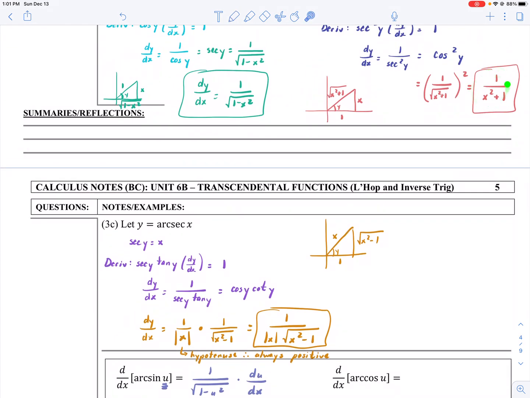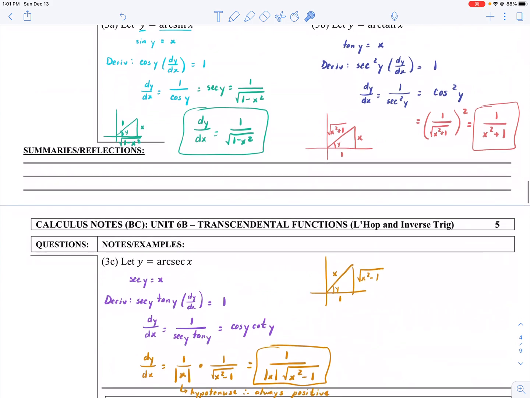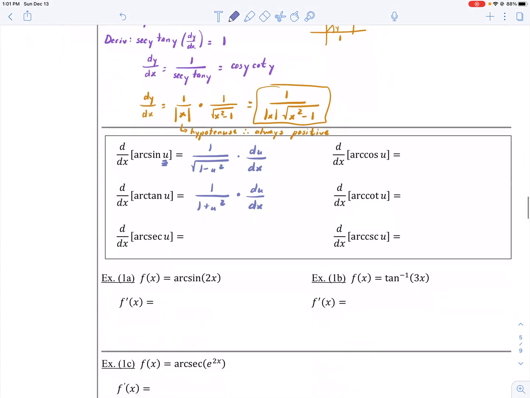This is 1 plus, or excuse me, x squared plus 1, right? So 1 plus u squared. And then this is going to be the square root of 1 minus x squared. Here's the square root of 1 minus u squared. So we've built all of these formulas. And this is going to be 1 over the absolute value of u, the square root of u squared minus 1.